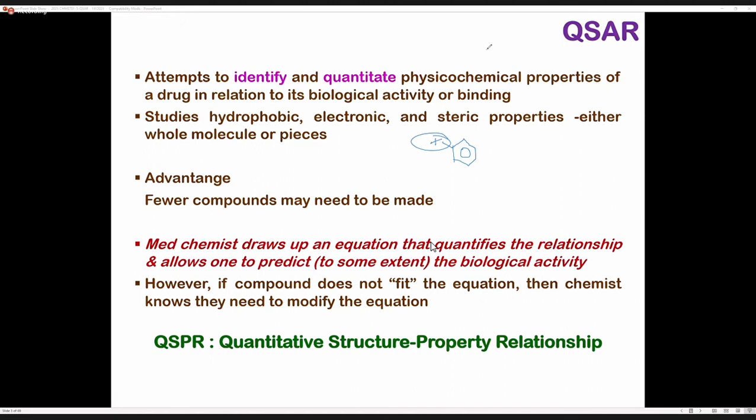So this is what we call the descriptors. So we have that equation relating activity and descriptors, and then we have samples of compounds. If it fits the equation, or the equation gives a good result for that compound, then that compound is basically potentially a drug candidate. However, please remember that this is a prediction.